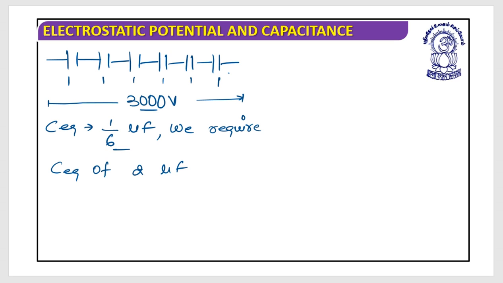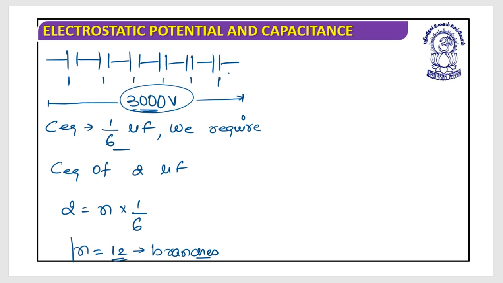Yes, and when I arrange certain branches in parallel, it will not increase my voltage, because in parallel the voltage will remain the same. So what I required is C equals 2. How many such branches are required? N multiplied by 1 by 6. So this N equals 12, so 12 branches are required. So I require 12 branches, something like this.